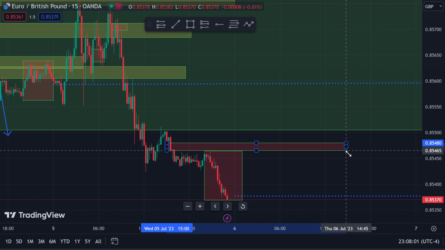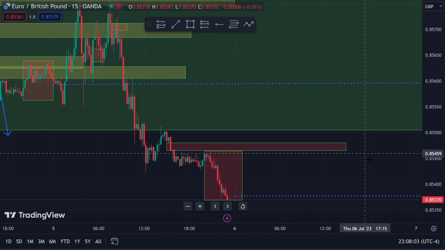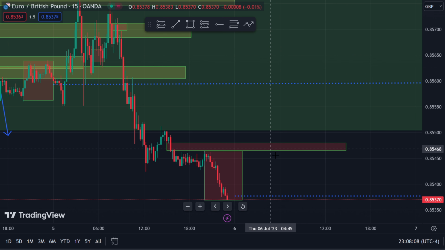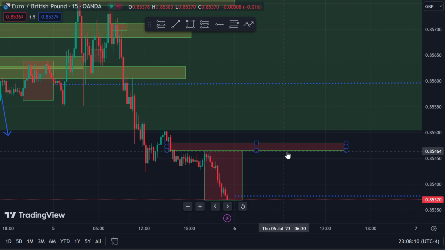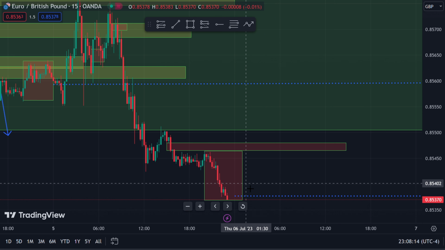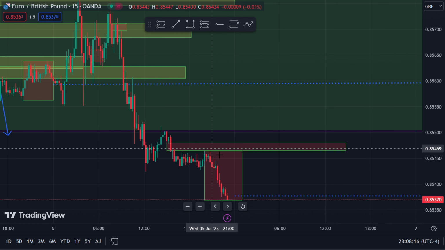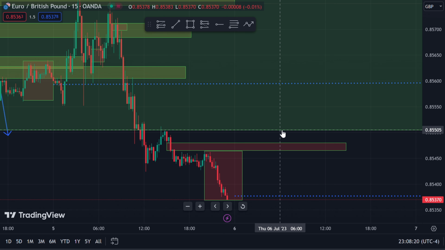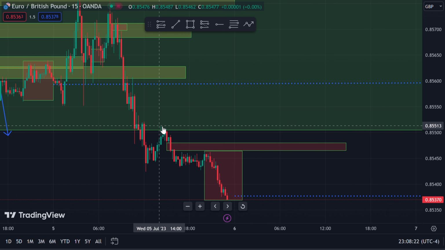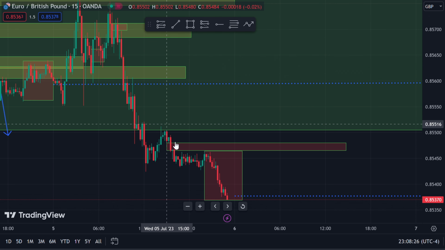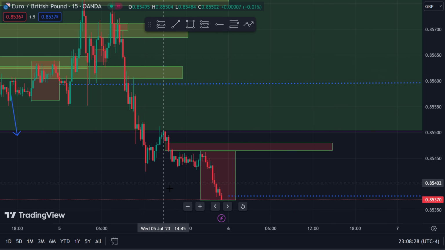This is not clear, just right there. Okay, I'm going to sell right here. Why? This is an imbalance, sorry, a fair value gap. It will be above the open price, and also above the Asian session, and the market taps into it. My stop loss will be here, my TP will be on the Asian lows. That's my target.